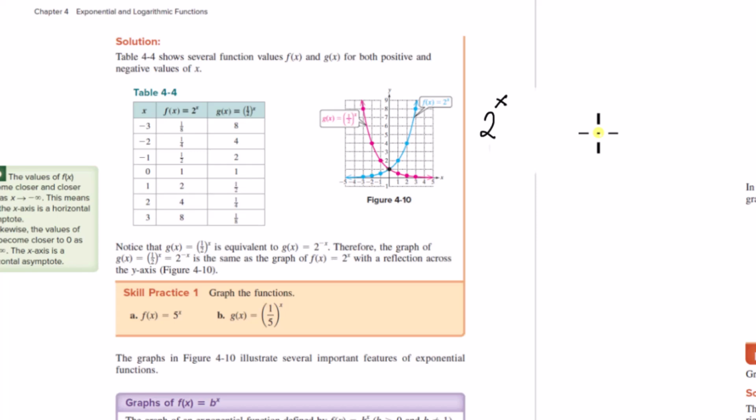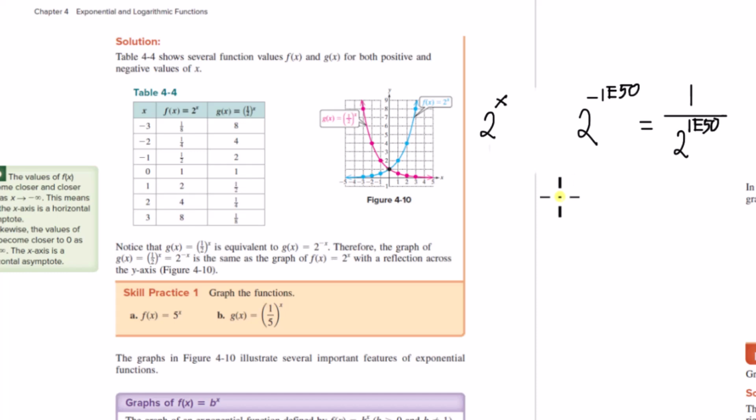So it's going to be a horizontal asymptote at y equal to 0. So if you had 2 to the negative 1 times 10 to the 50th, right, you get 1 over some enormous number, which is very close to 0, but it's not 0. So you have this horizontal asymptote at y equal to 0.